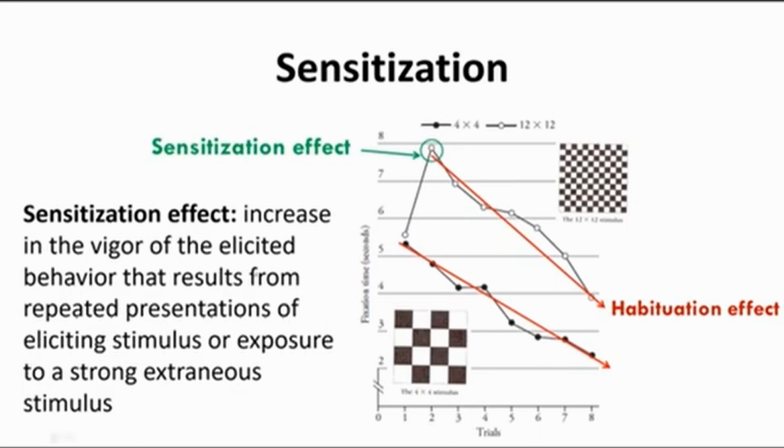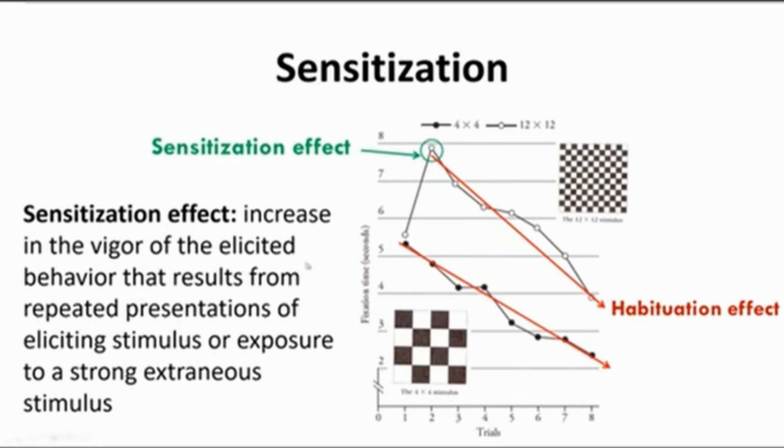So what this is telling us is that we can see an increase in the behavior that we're looking at that's specifically being caused by either having that eliciting stimulus presented multiple times or from that stimulus being extra strong. So in this case, we have a very complex stimulus and it's being presented multiple times. So it's a little bit of both.